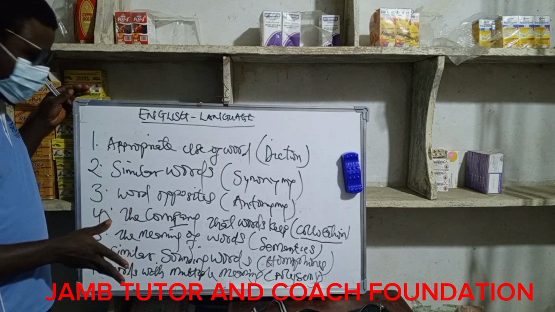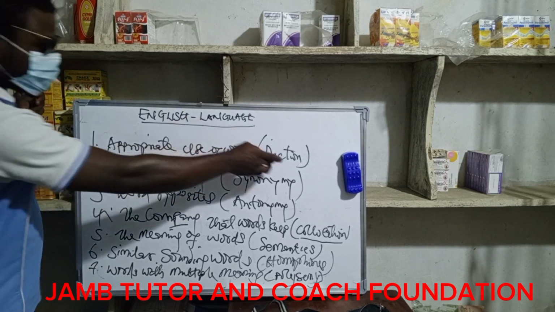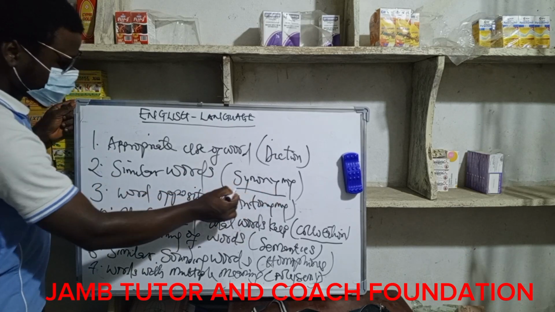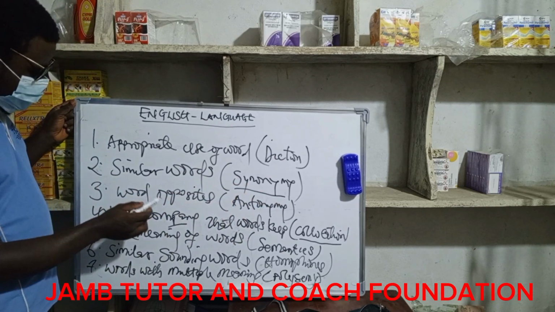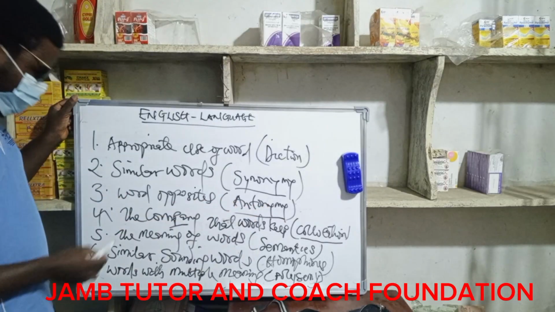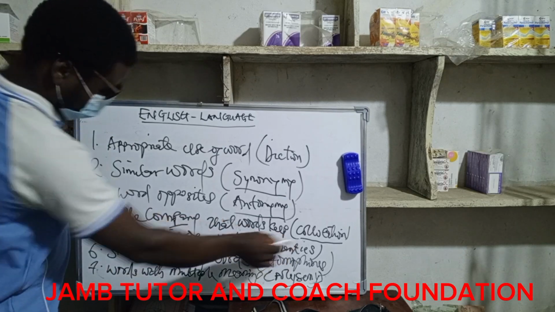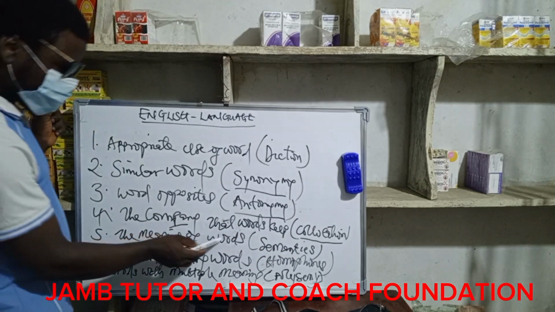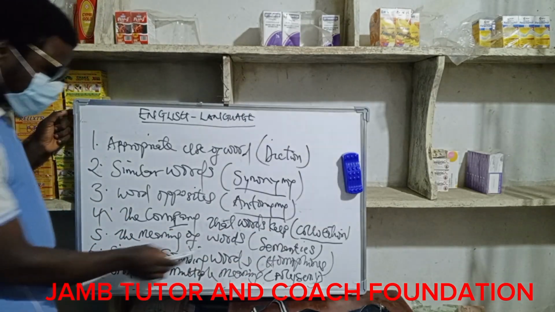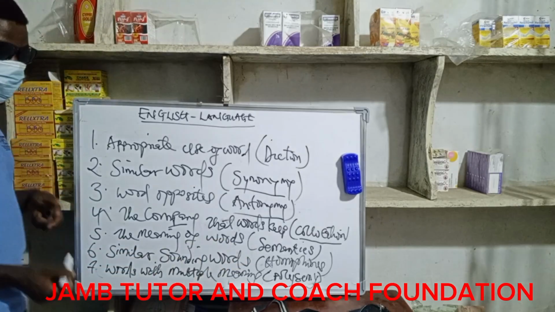Appropriate use of word, which is called diction. Similar words, synonyms. Words with opposite meanings, antonyms. The company that words keep, collocation. The meaning of words, semantics. Similar sounding words, homophones, and words with multiple meanings, polysemy.